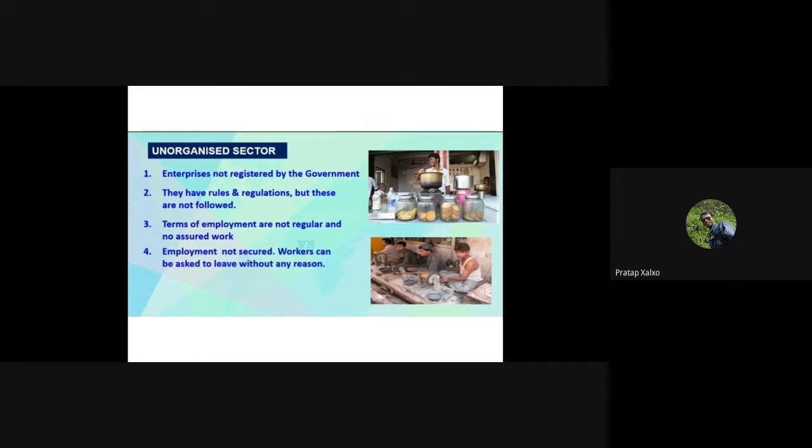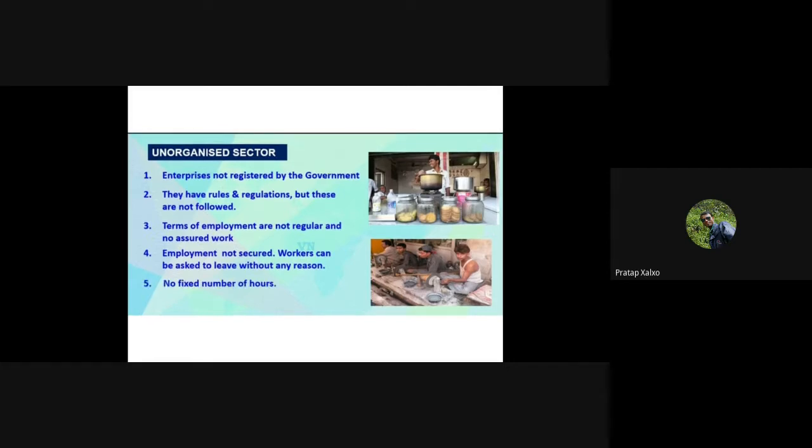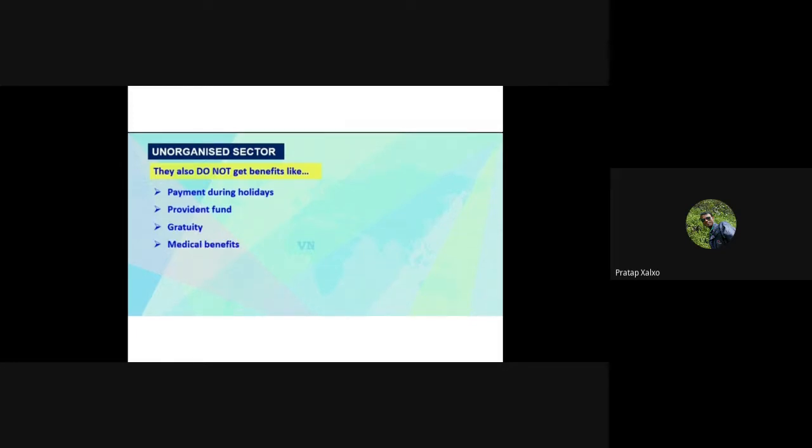Employment is not secured, and workers can be asked to leave without any reason. There is no fixed number of hours, and they are not paid overtime. They also do not get benefits like payment during holidays, provident fund, gratuity, medical benefits, safe working environment, pension on retirement, and paid leaves.